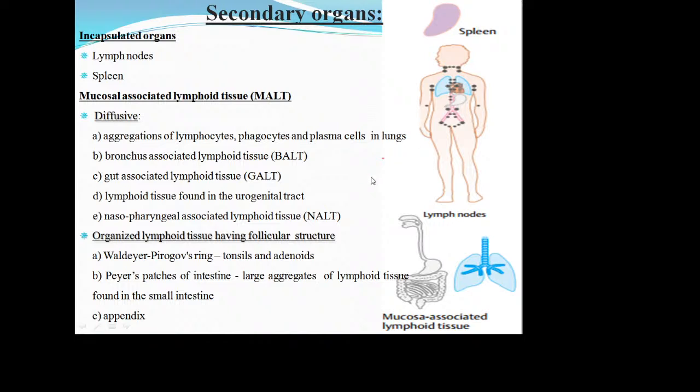Mucosal associated lymphoid tissues include diffusive lymphoid tissues and organized lymphoid tissues that have follicular structure.